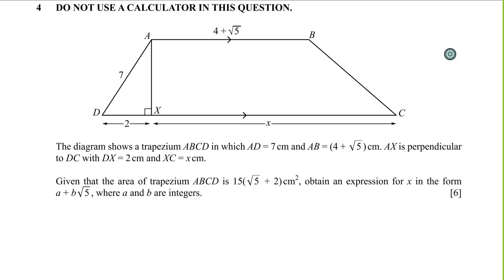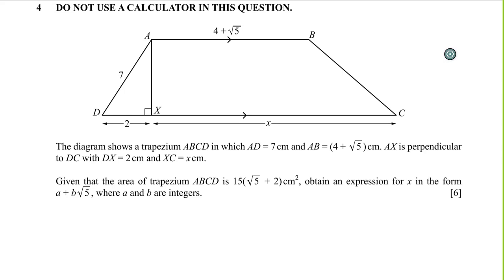Okay, then we go to question number 4 here. Do not use the calculator in this question. So question number 4, the diagram shows a trapezium, and then you have AD is 7. AB is given, AX is perpendicular, given 2 and x. Everything is actually in the diagram already.